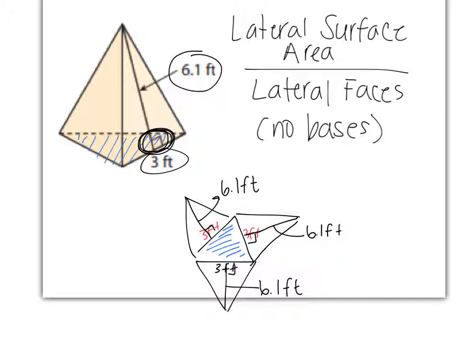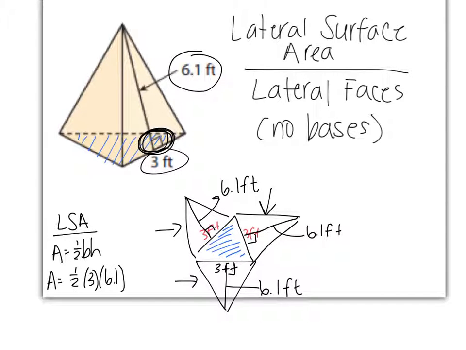Again, we are wanting to find lateral surface area, which is all of these lateral faces right here. So no bases. That's the big point of this. I look at my formulas: area equals 1/2 base times height. Area equals 1/2, I have 3 for my base and 6.1 for my height.